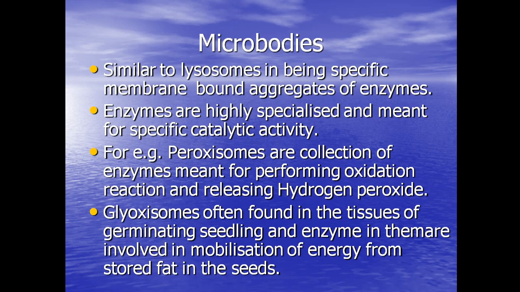Like that, glyoxysomes. Glyoxysomes are found mainly in plant cells, especially in the tissues of germinating seeds. This enzyme is involved in the mobilization of energy from the stored fat in the seed, because in the seeds the energy is stored in the form of fat.